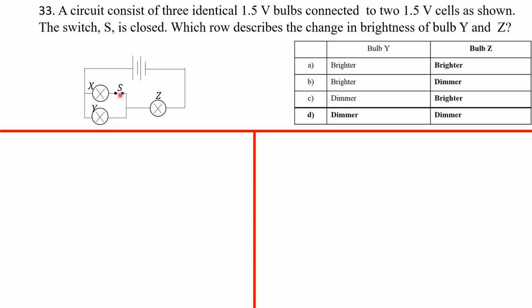Because the PD dropped across Y has reduced from the original PD. Why has it reduced? Because the effective resistance across this path has reduced, so the PD between them also drops. That's why Y dims and Z brightens up. Good. So our answer there is C.